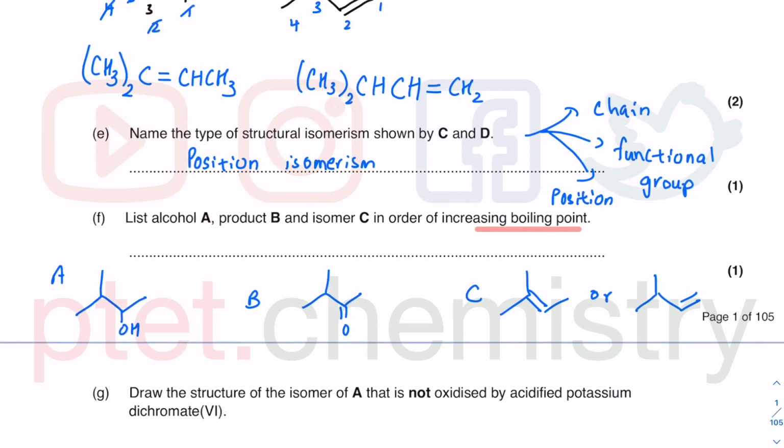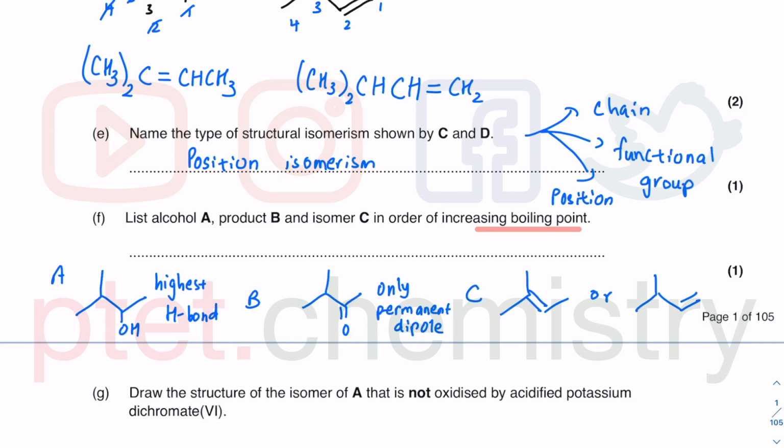So this one will be the highest because of its ability to form hydrogen bonds. You have a hydrogen bonded to highly electronegative atoms, oxygen, fluorine, and nitrogen, and you have lone pair on the oxygen. This one, only permanent dipole because there is no ability to form hydrogen bonds. The oxygen is not bonded to hydrogen.